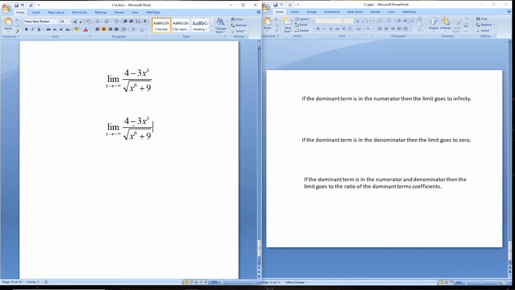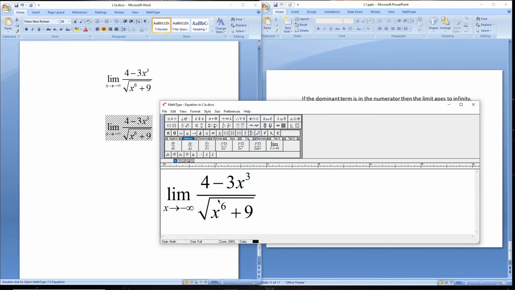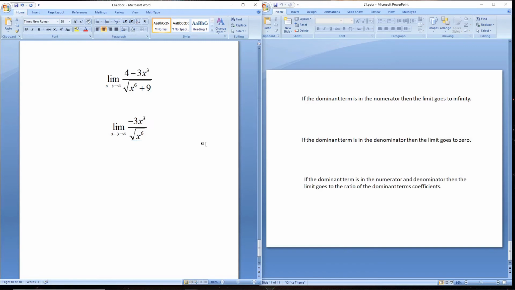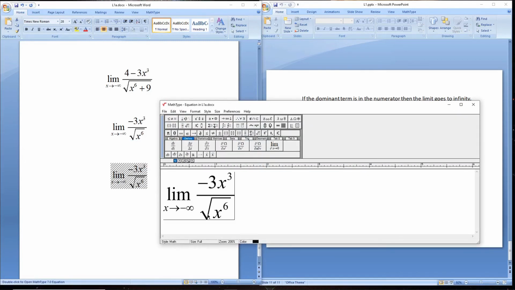So let's check this out. Dominant terms. If we look at the numerator, x cubed will absolutely crush 4. And if we look at the denominator, x to the 6 will absolutely crush 9 as x goes to -infinity. And so there's our dominant terms maneuver. And now the square root comes into play. Remember, the square root means power of half.